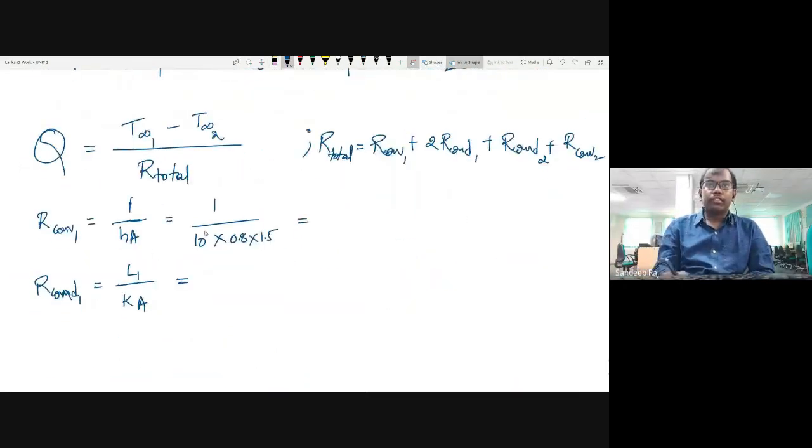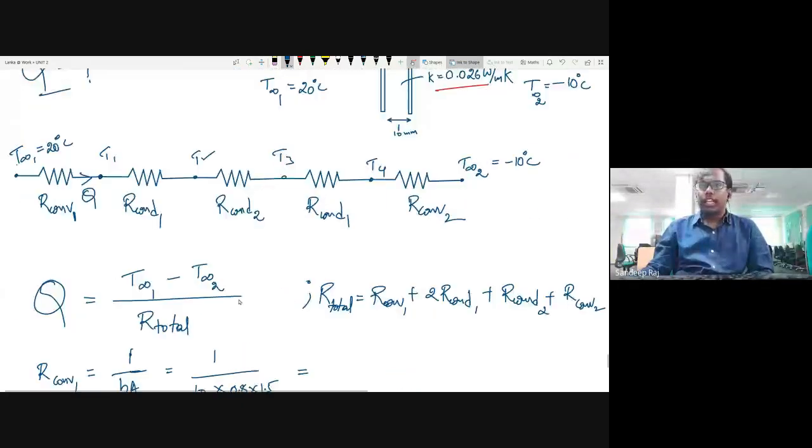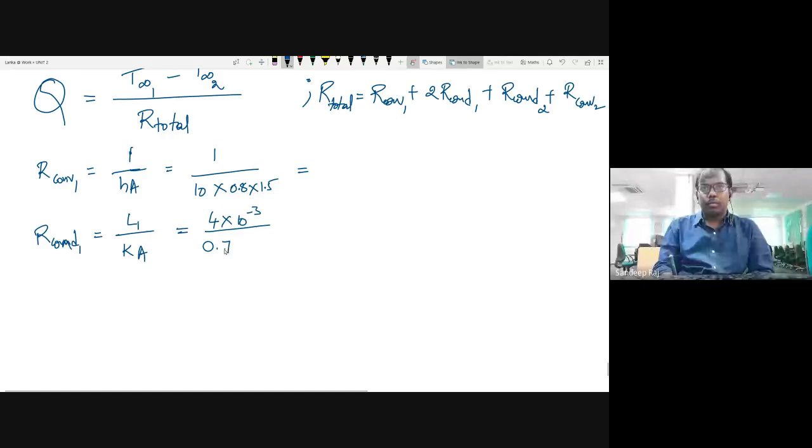So you take that 4 mm and substitute it in meters: 4 into 10 to the power of minus 3 meters. And the k value for the glass should be taken, which is around 0.78 watt per meter Kelvin, into the area, which remains the same, 0.8 into 1.5. So this will give you a value.